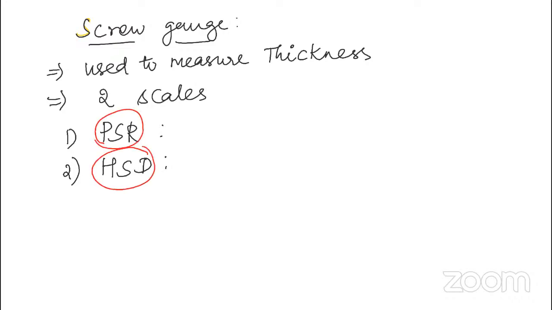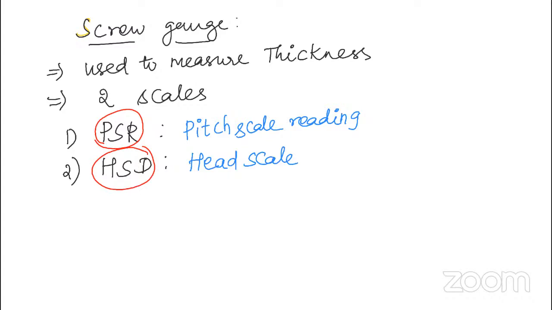PSR means pitch scale reading, and HSD is head scale division or head scale reading. So in a screw gauge, how many head scale divisions are there? Put it in the comment box.